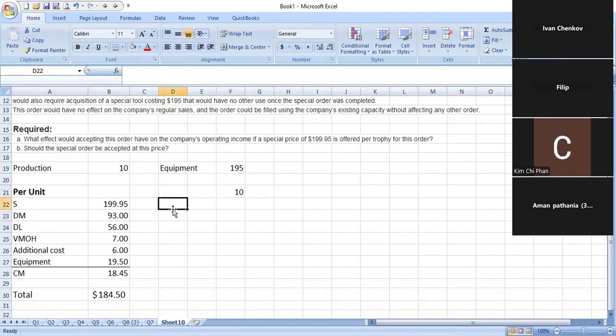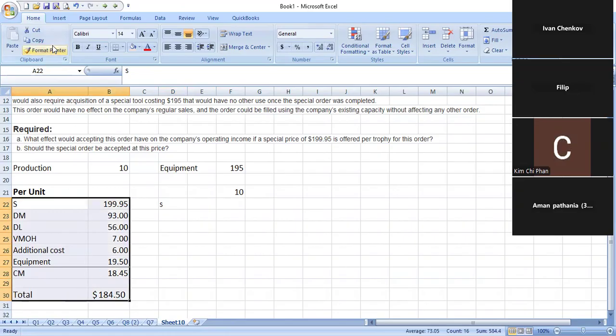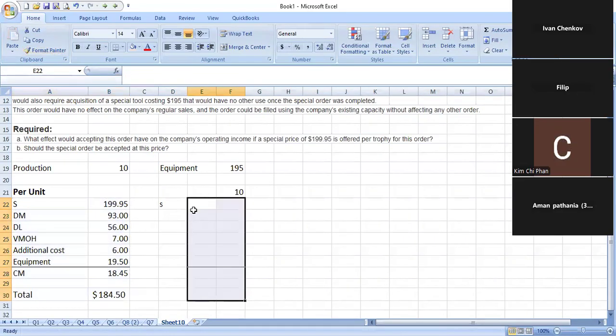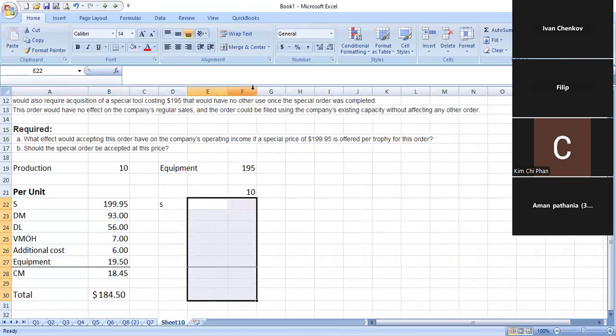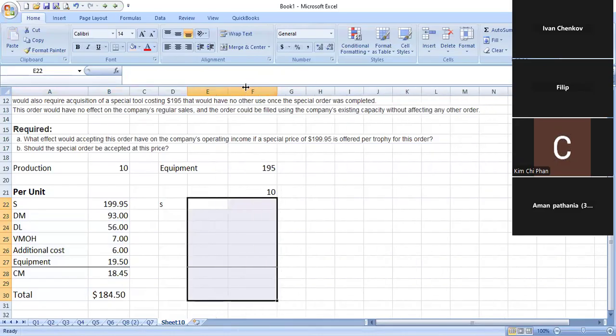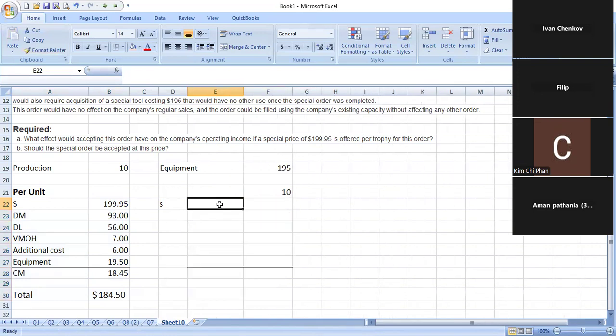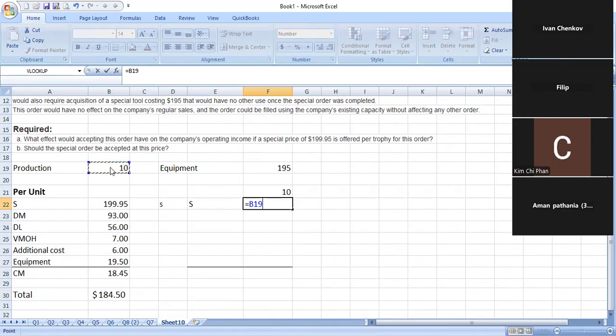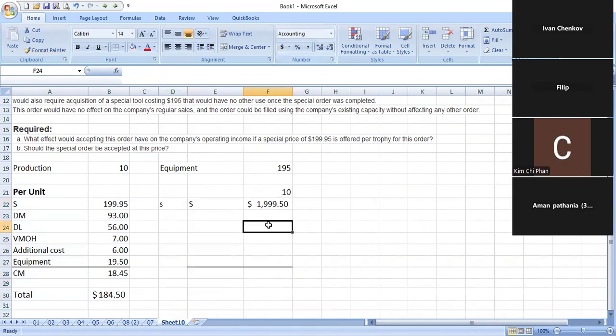So my cells here will be, let me format this, guys. Let's grab this format and put it right here. So in that case, if I go with the total, sales price will be equal to 10 times 995, and this will be the amount that I'm going to generate. And then I'm going to have all those elements here.